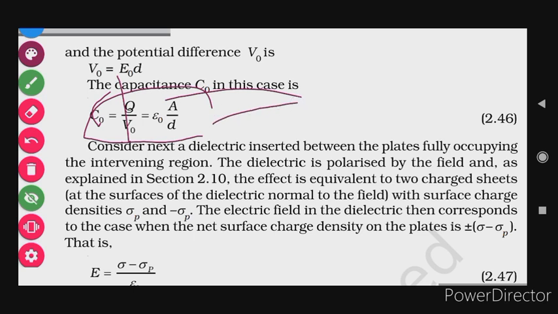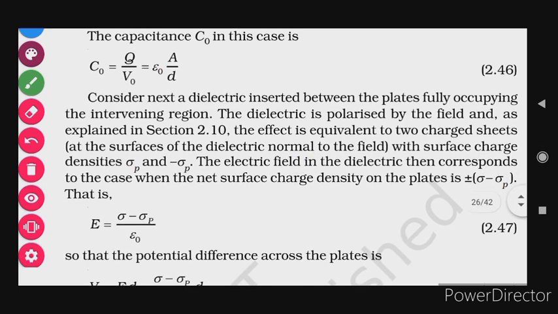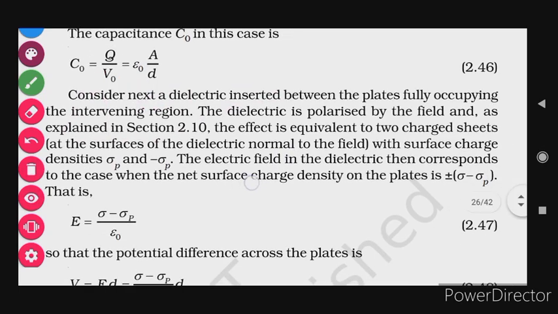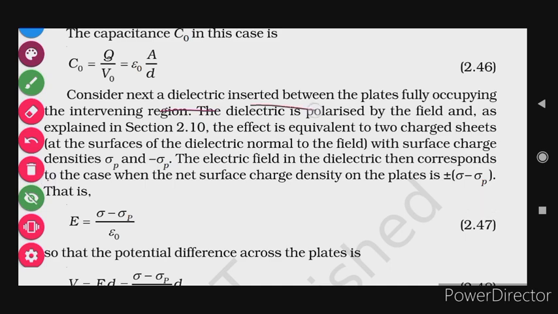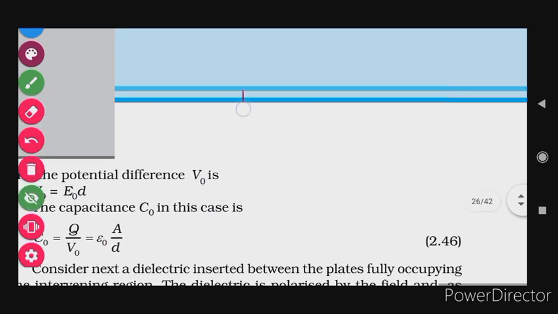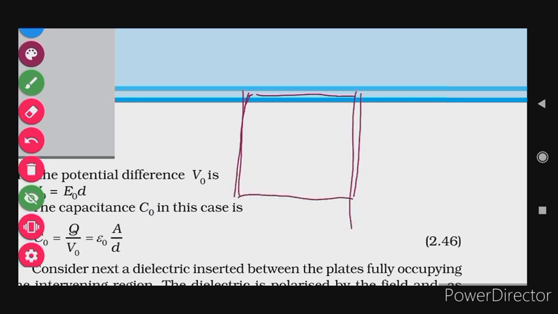Now we'll move to the next case and consider a dielectric inserted between the plates, fully occupying the intervening region. So this is our two plates, and we introduce the dielectric which completely fills the space between the two plates.